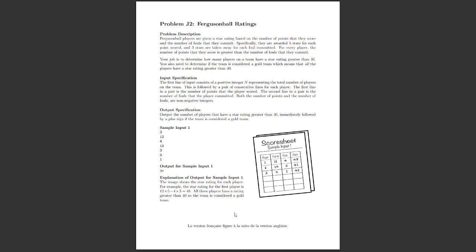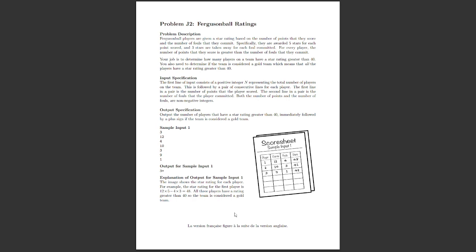So the second player has a star rating of 41. Note that that is also greater than 40. Then the third player, the last player, scored 9 points and committed 1 foul. So the star rating is 9 times 5, which is 45, minus 3 times 1. So 45 minus 3 is 42, and that's also greater than 40.